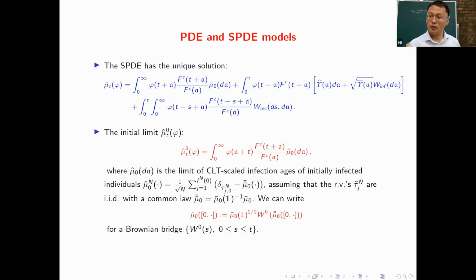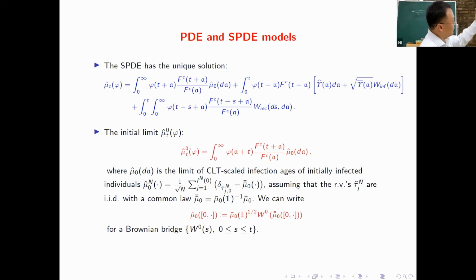Then the first term in the solution to the SPDE is just an integral with respect to a Brownian bridge with time change. This is independent of the two white noises.